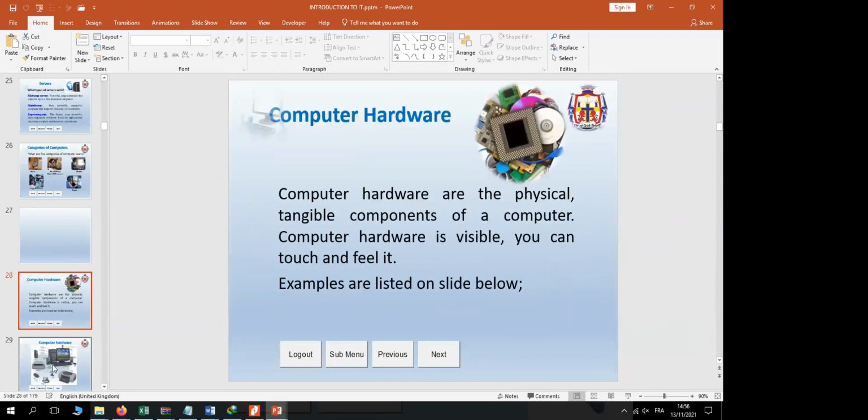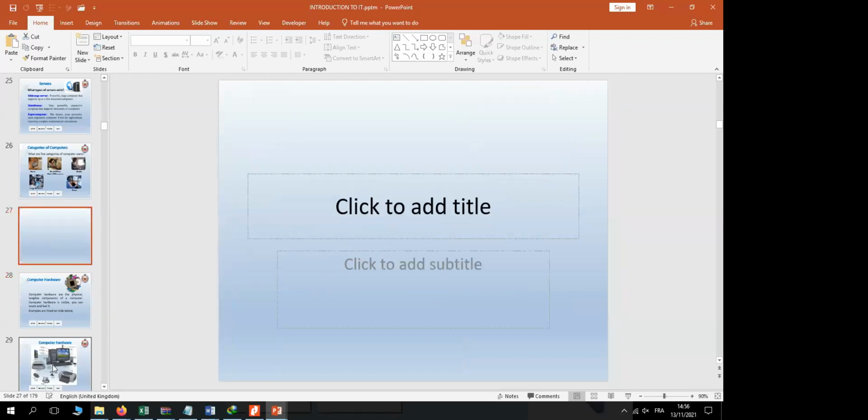Then we are talking about hardware. When we talk about hardware, what is hardware first of all? What is computer hardware, members? Let me hear from you first. So far, two people have put up their hands.